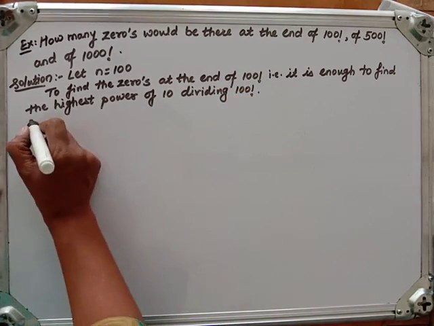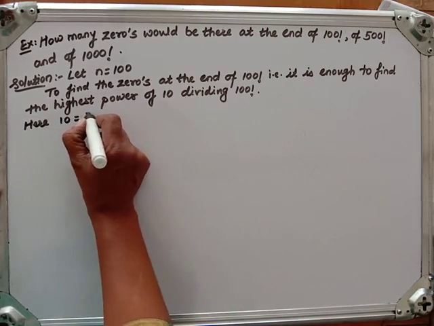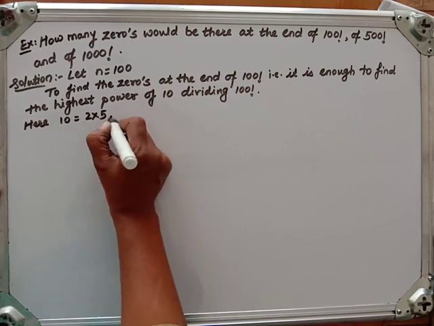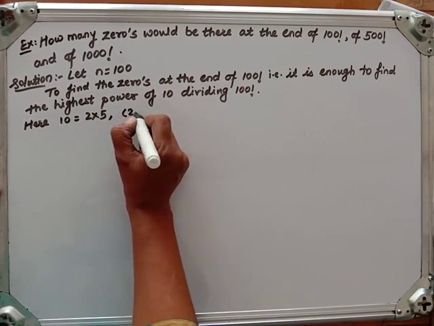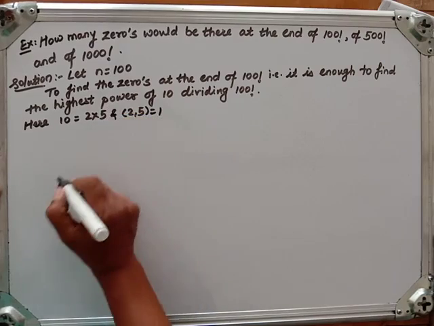So here 10 is equal to 2 into 5, and 2 and 5 are relatively prime.